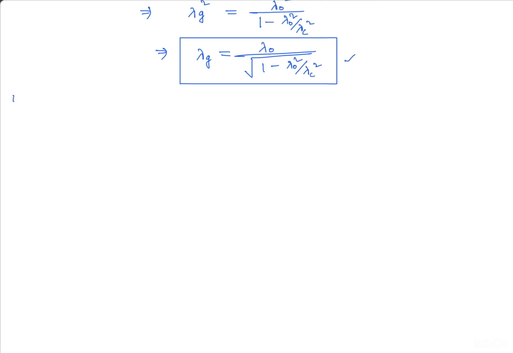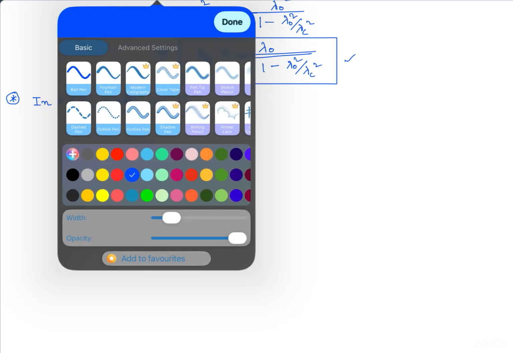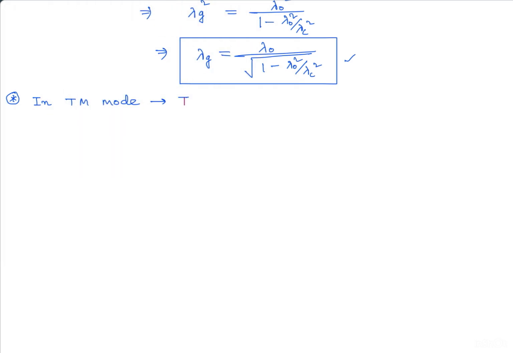Now a few more important things. First, in TM mode, TM00, TM10, TM01 are not possible.